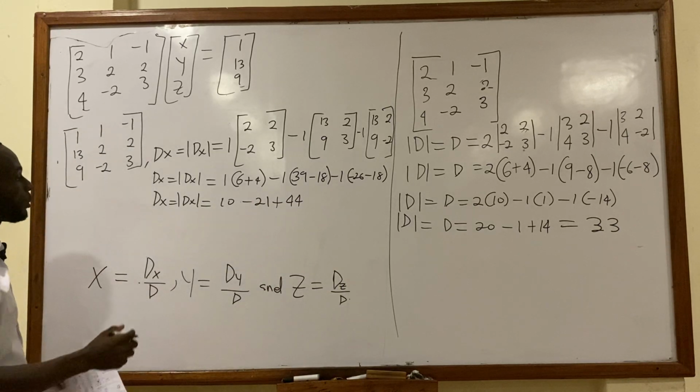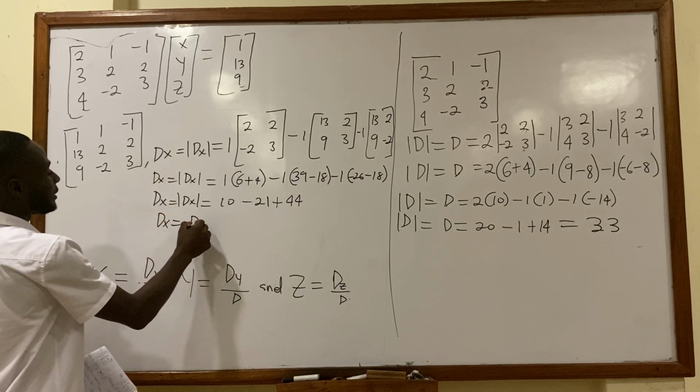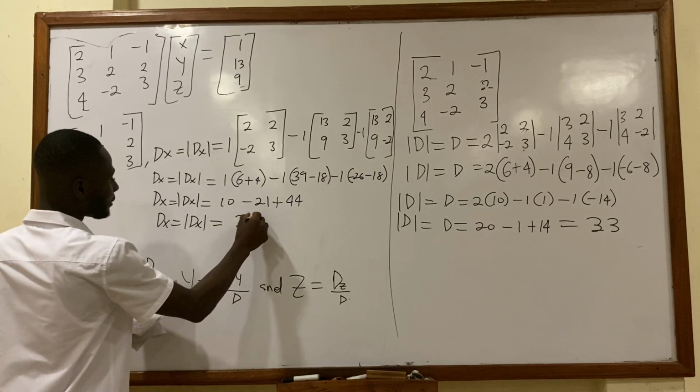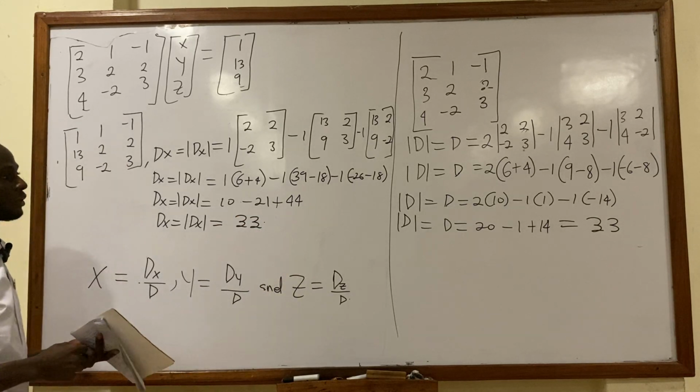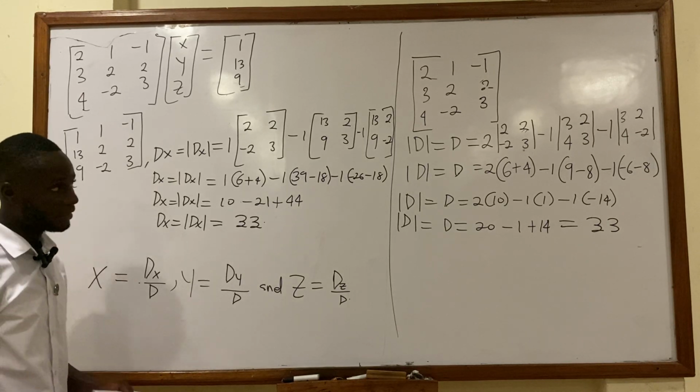Good. So now we have the Dx equal to 33. We also have the Dx, which is the same as the determinant of the x as 33.